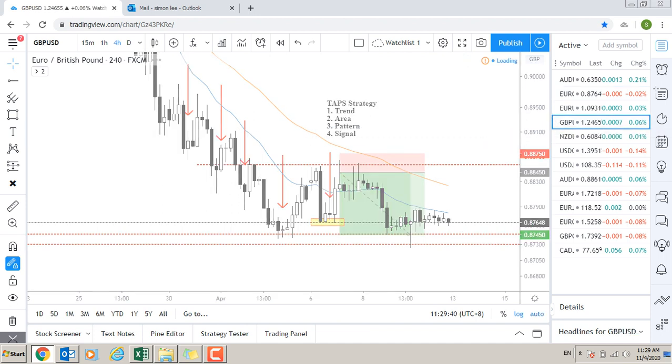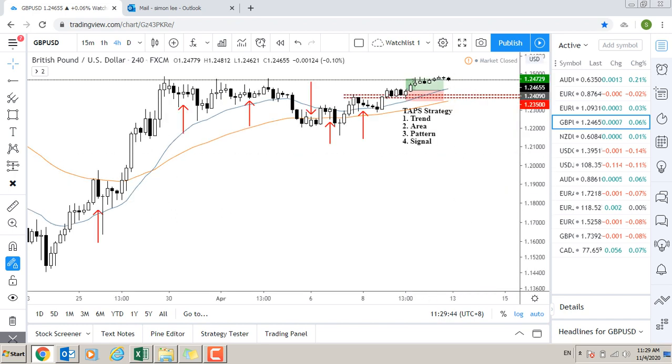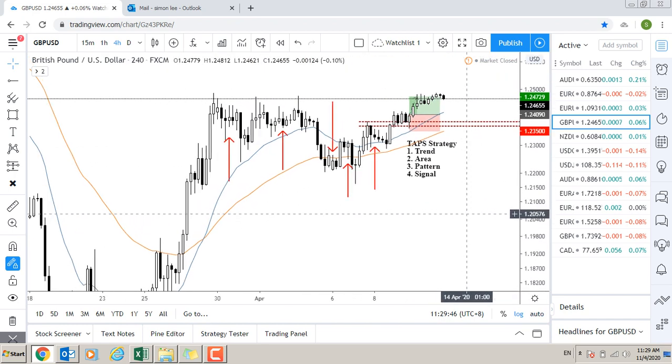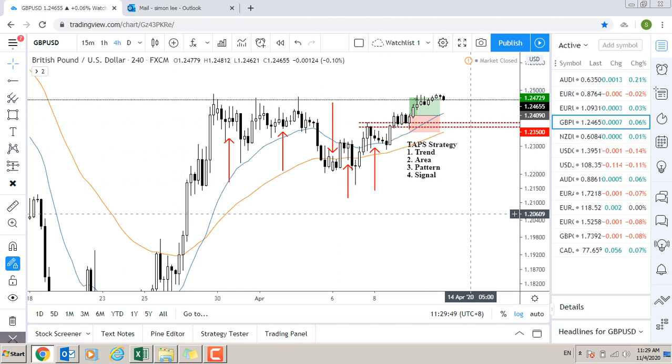The last sample is basically pound dollars. I think the trade came to my attention a little bit slow.